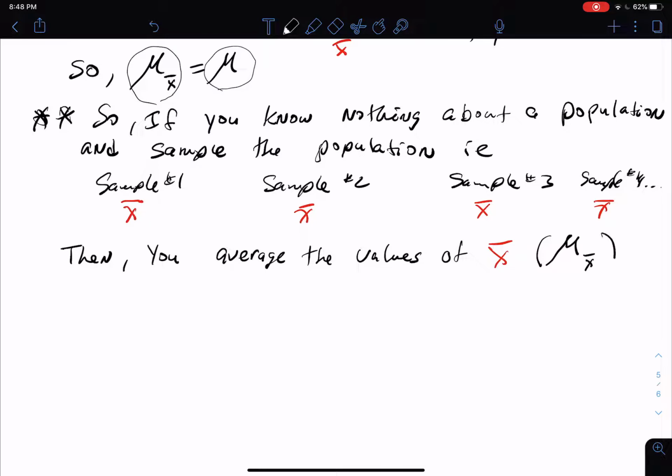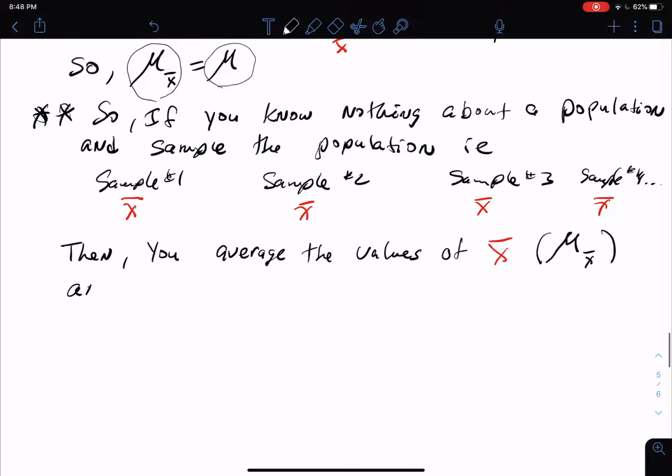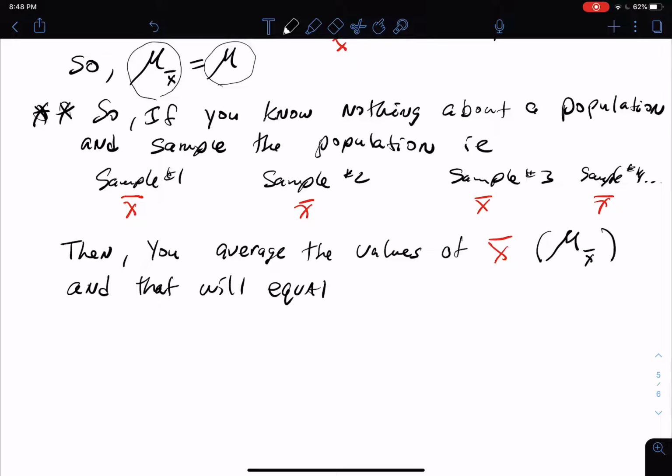That's the mean of the X bars. So you average the values of the X bars, which is the mean of the X bars, and that will equal the population mean, which is mu. Or I should say, very closely.